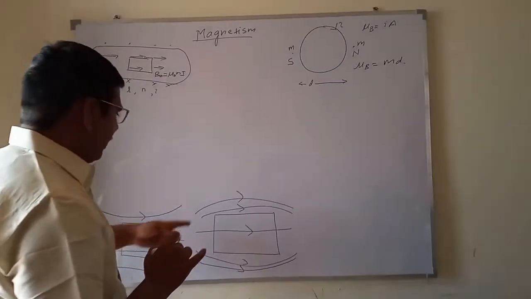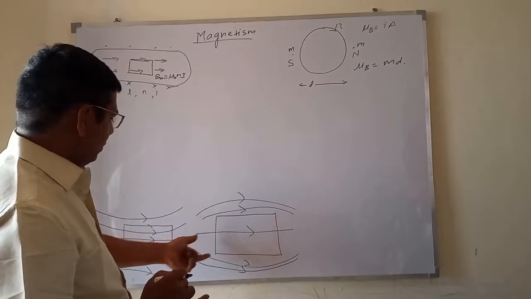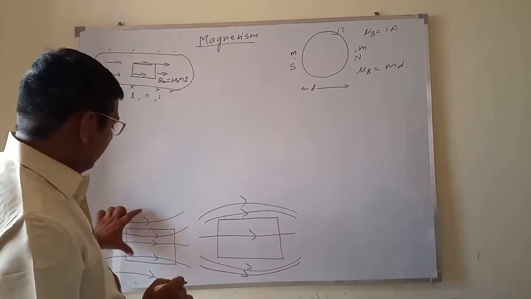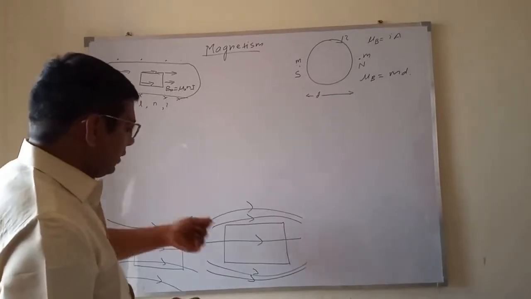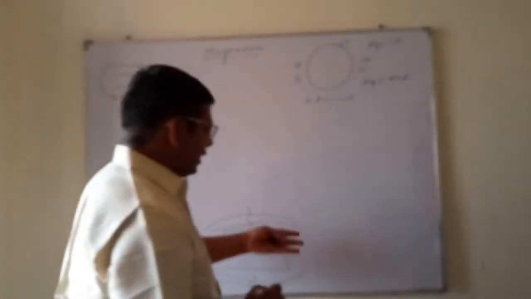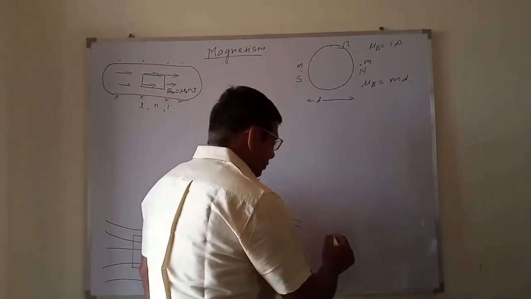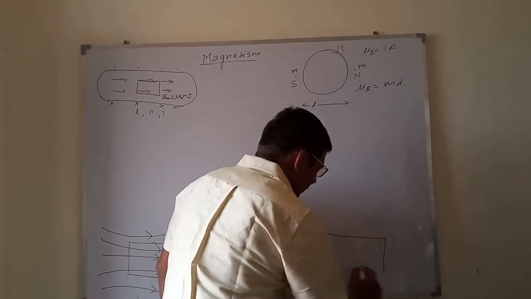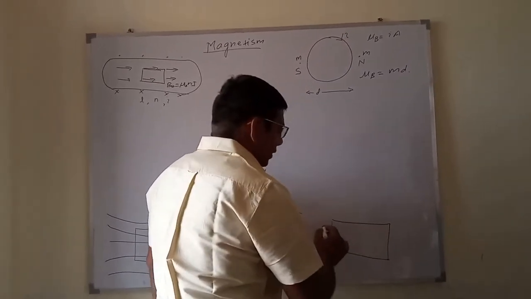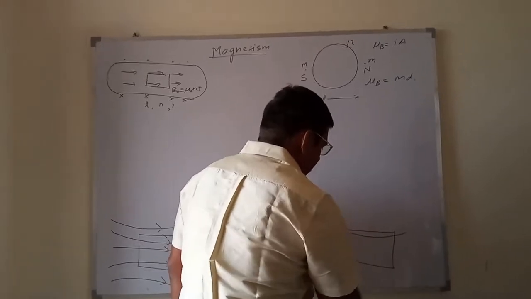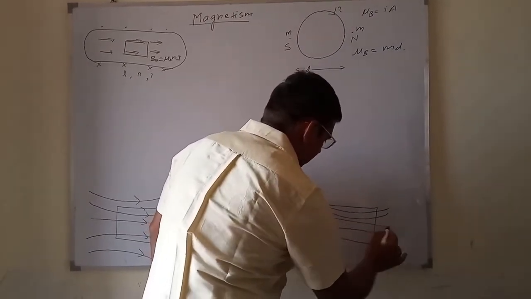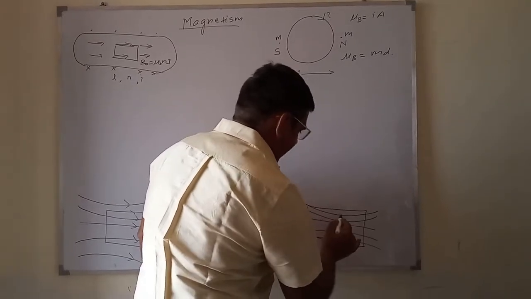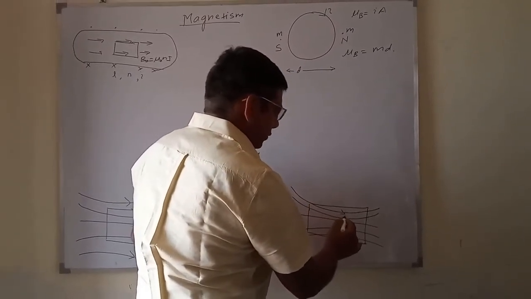It can deflect away from the medium. Here it is attracted towards the medium and it is deflected through the medium, right? And the third thing, what can happen? If this is the medium, the magnetic field can be more and more attracted. So this kind of thing can also occur.